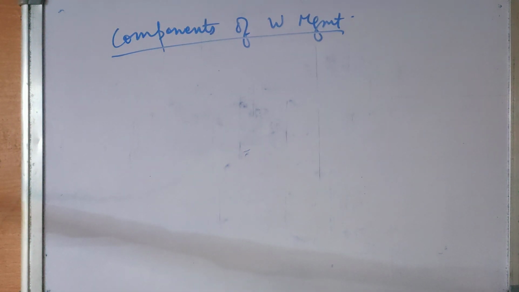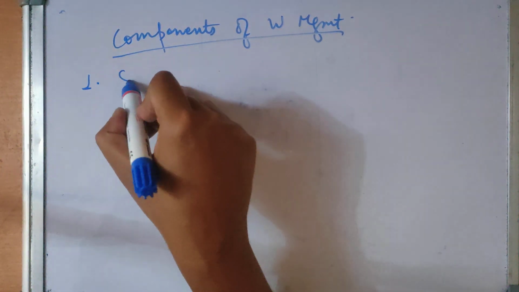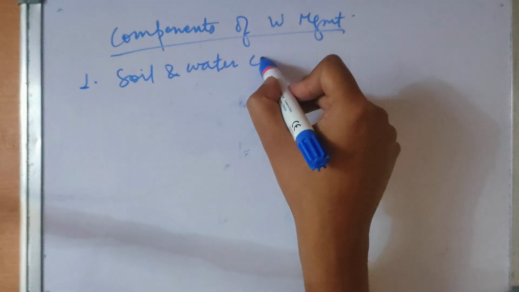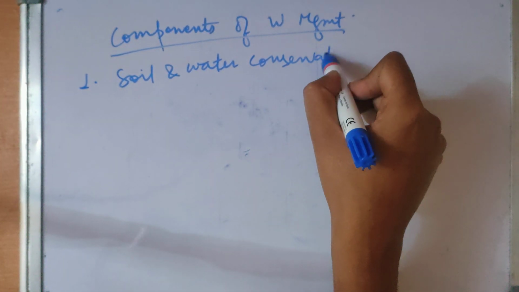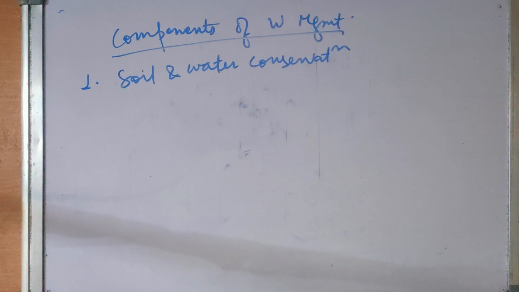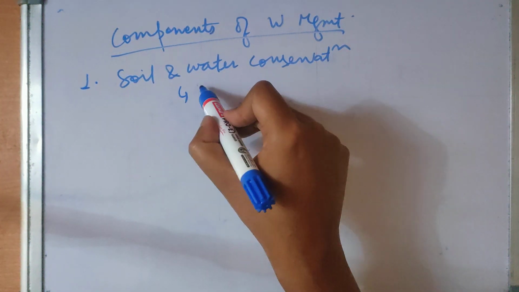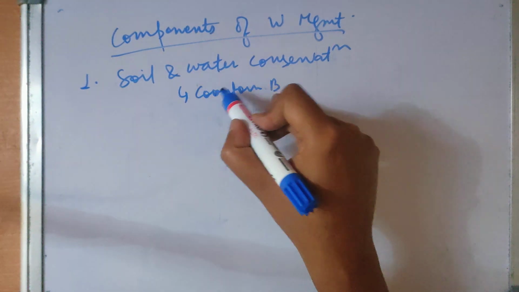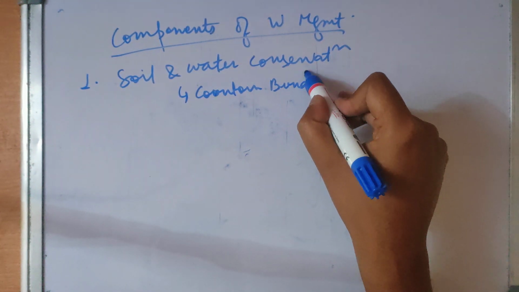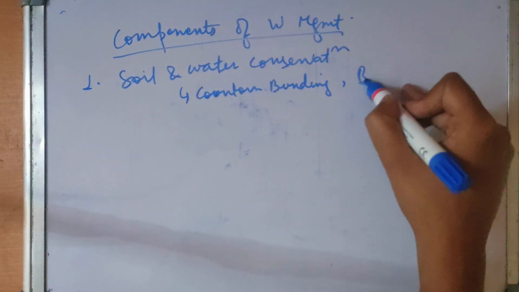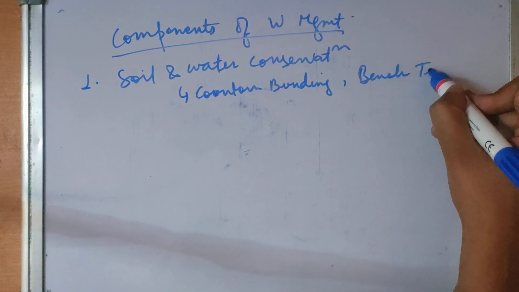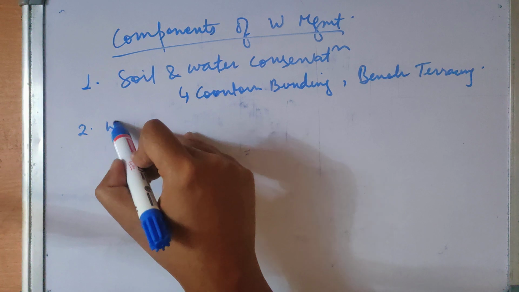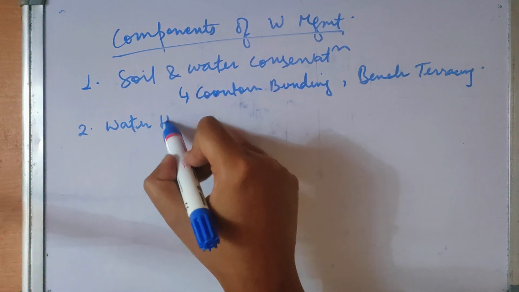The first component is soil and water conservation, for example by contour bunding, bench terracing, etc. Water harvesting. We need to harvest water.